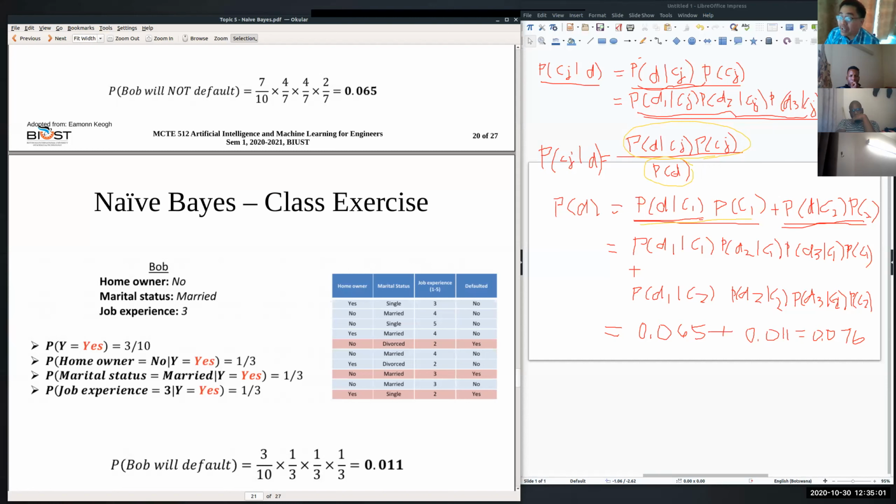The question is, can we get a good judgment of whether Bob will really default or Bob will not default based on our computation? Remember, what we are doing here is just an estimate of the Bayes theorem.